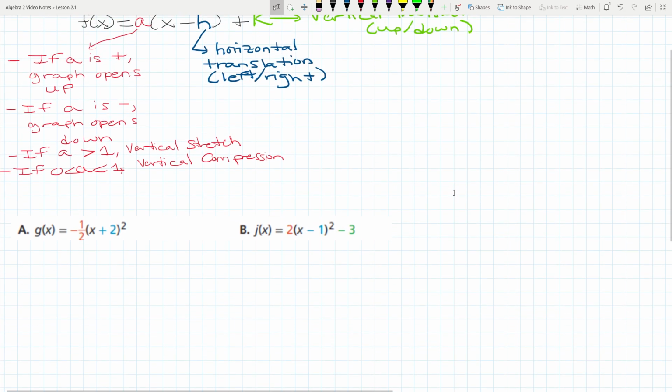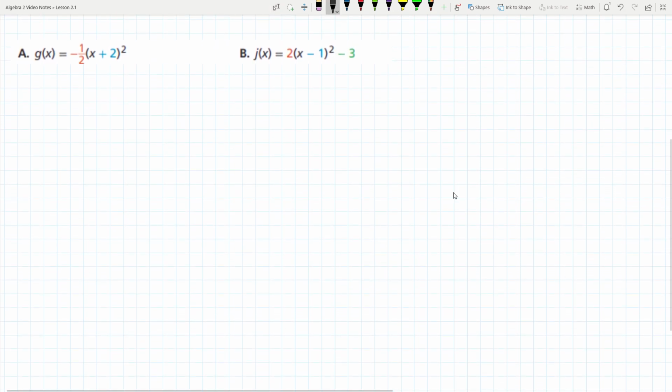So for part A, we have our A is -1/2. So that's my A. We're going to have to rewrite this in a different format. So let me rewrite it.